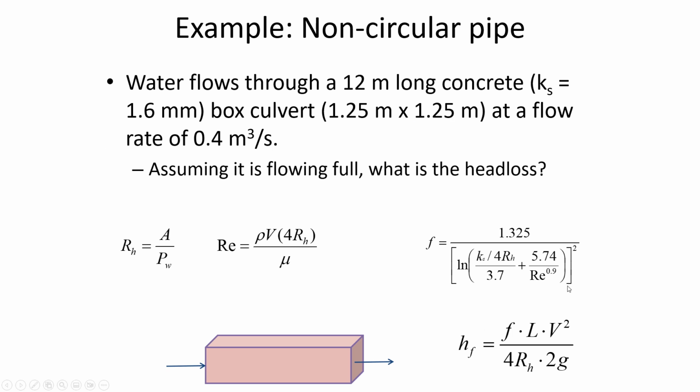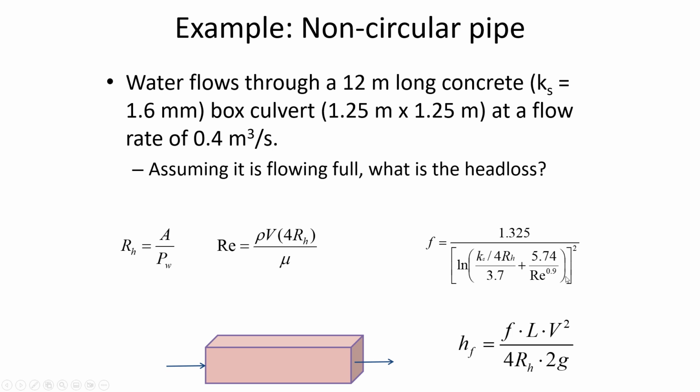and so you'll see that the Jain equation has been adjusted accordingly, where in the past, remember, the Jain equation would have K sub S divided by 3.7 times D. Now we've got K sub S divided by this 4 times the hydraulic radius substitution. So here is what we normally would see as D for a non-circular conduit, 4 times the hydraulic radius.